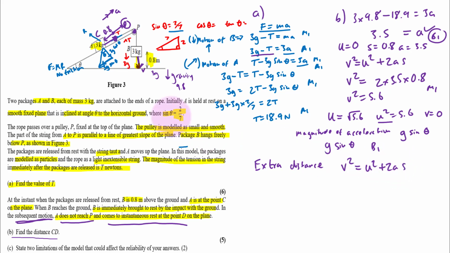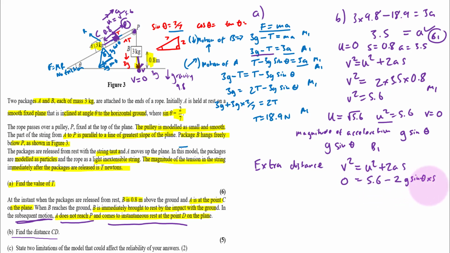But as I said, when this hits the ground, then v equals 0 here, minus our acceleration is 2g sine theta times s. Okay, so just to confirm, because at rest the final velocity will be 0, our u squared is 5.6.